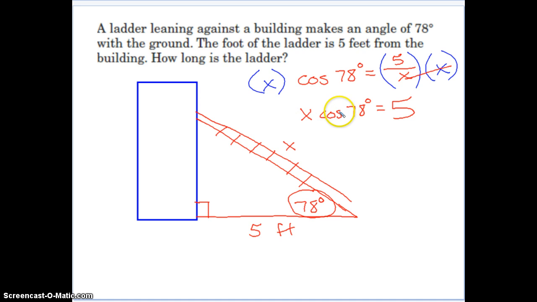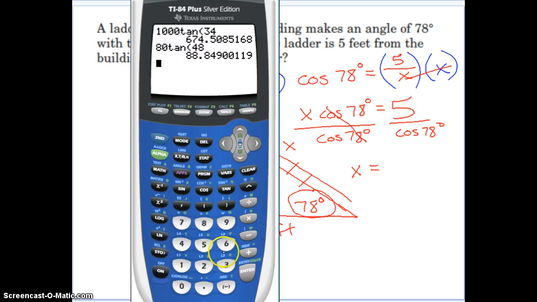I have x times cosine of 78. So the inverse operation of multiplying by cosine of 78 is dividing by the cosine of 78 degrees on both sides of the equation. Cosine of 78 will cancel out there. And now I'm just going to type in my graphing calculator, 5 divided by cosine of 78.